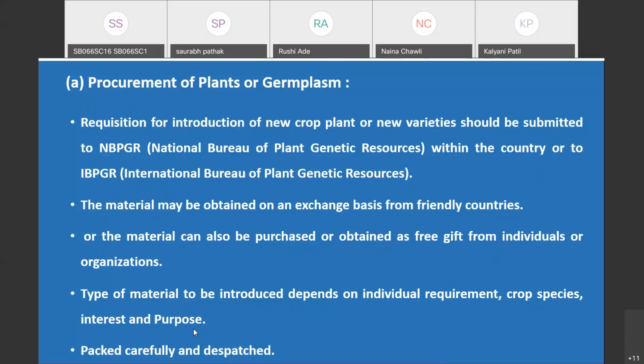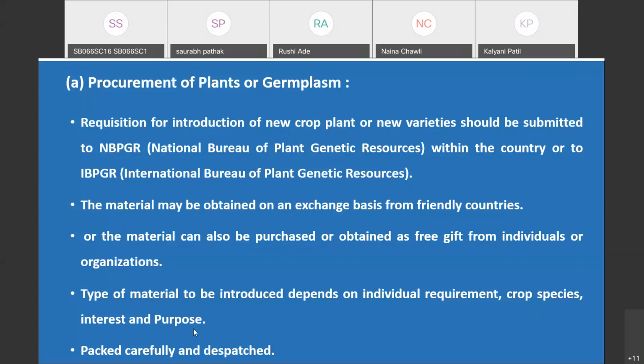Okay, the easiest means of introduction is to introduce the seeds, because seeds are very easy for packaging, handling and transportation. Seeds can be easily packaged, handled and transported. They can be easily treated with different types of chemicals to remove different types of insect pests and diseases.